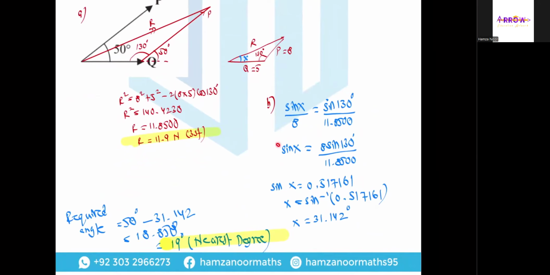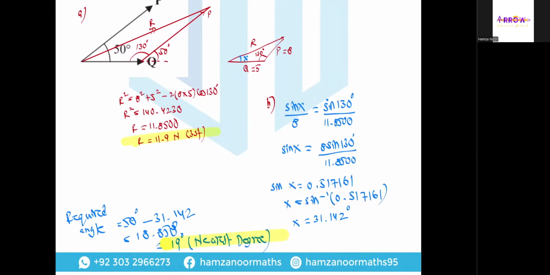So sine X is equal to 8 sine 130 divided by R, which gives 0.517161. So X is equal to sine inverse of 0.517161, which is 31.142 degrees.